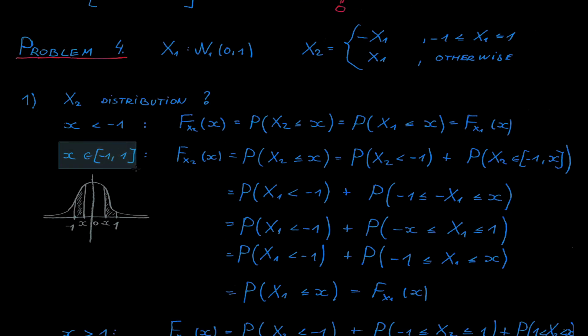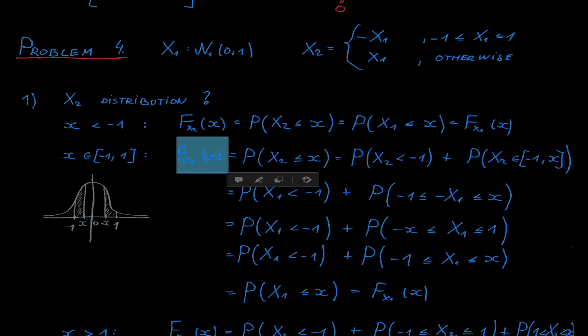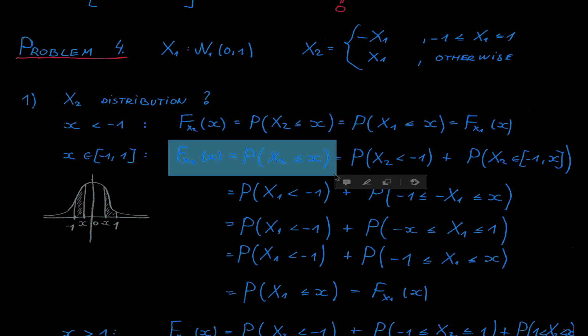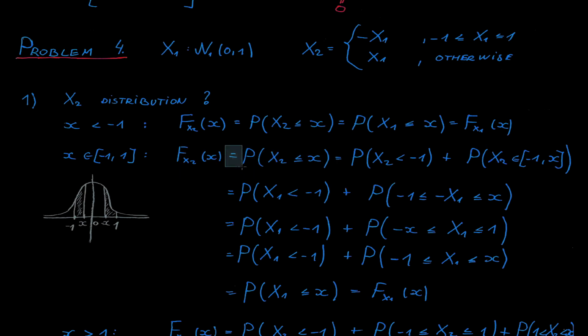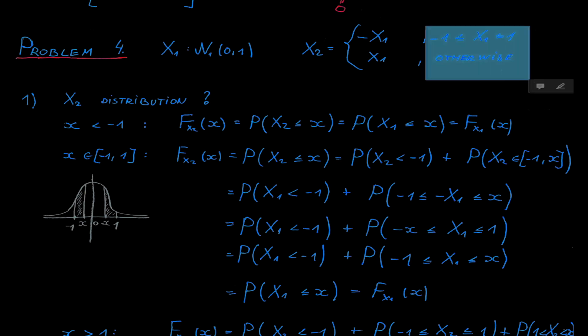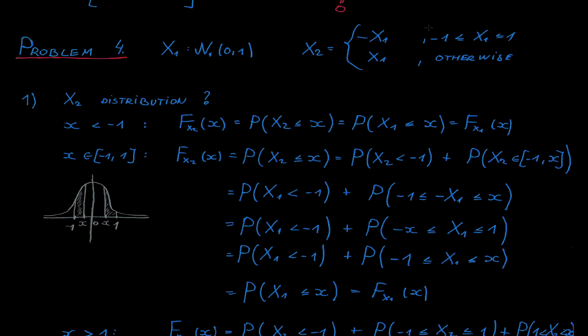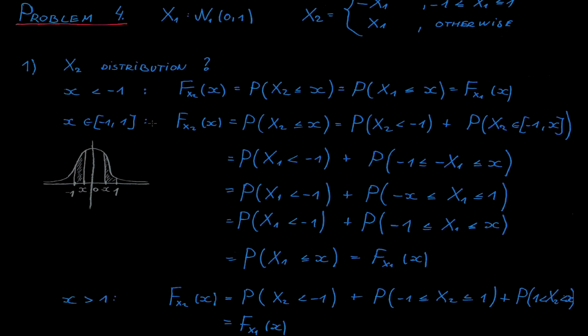Now take x from -1 to 1. Let's see what happens with the cumulative distribution function in this case. By the definition, this equality stands. Then for the following equality we need to separate the case when it is smaller than -1, because in this case we have x1, and when it is between -1 and x, because in this case x2 takes values minus x1.